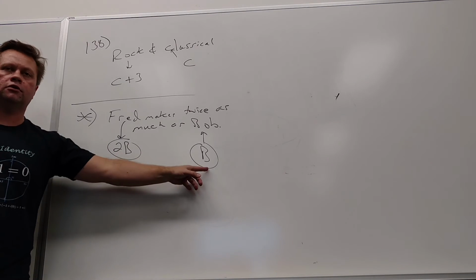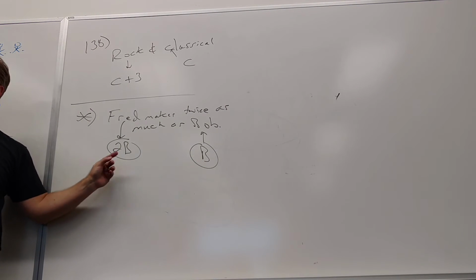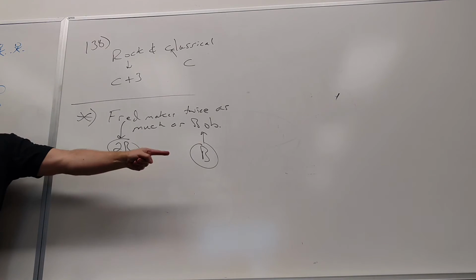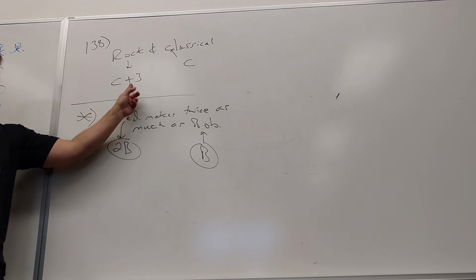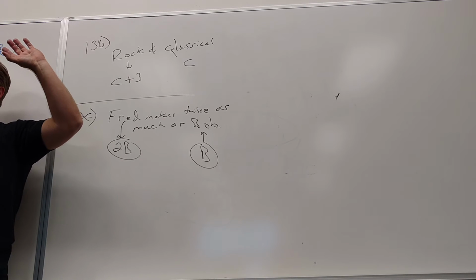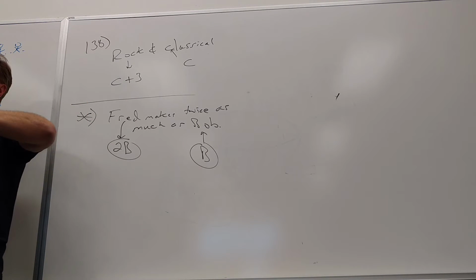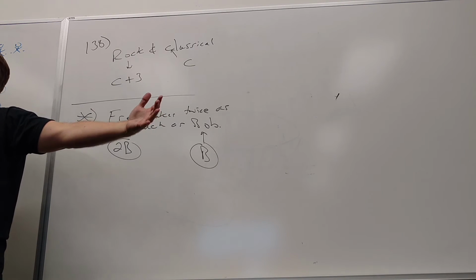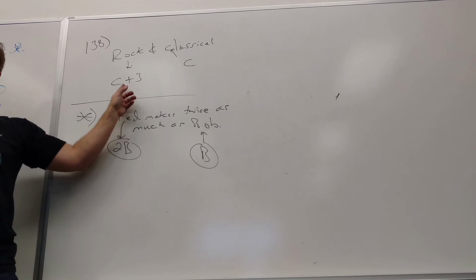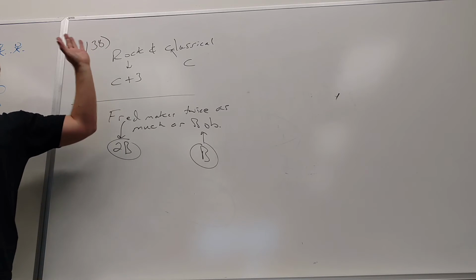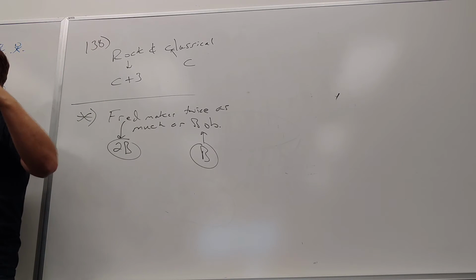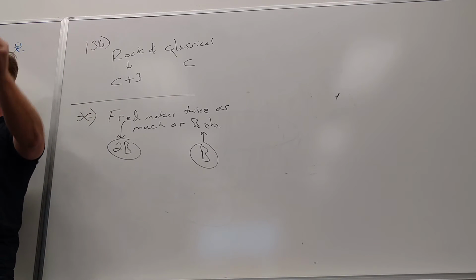But haven't I captured the relationship between them? Whatever this is twice that. Whatever this is 3 more than that. It wants to capture that relationship between the two, even when I don't even know how many there are of each. But at least I know the relationship between them. And that happens more often than you would realize. We know the relationship, we just don't know how much of each there is.